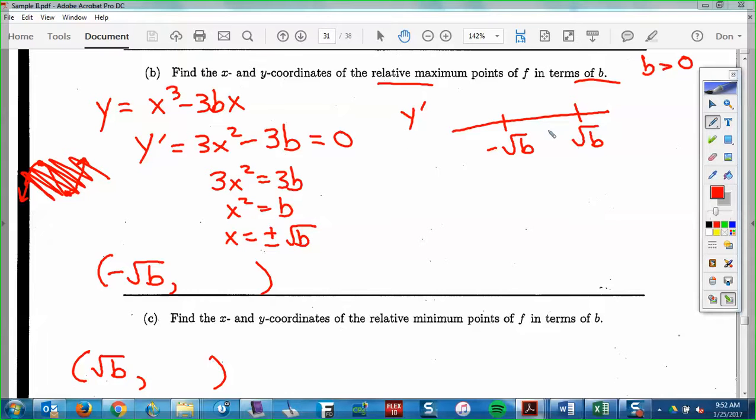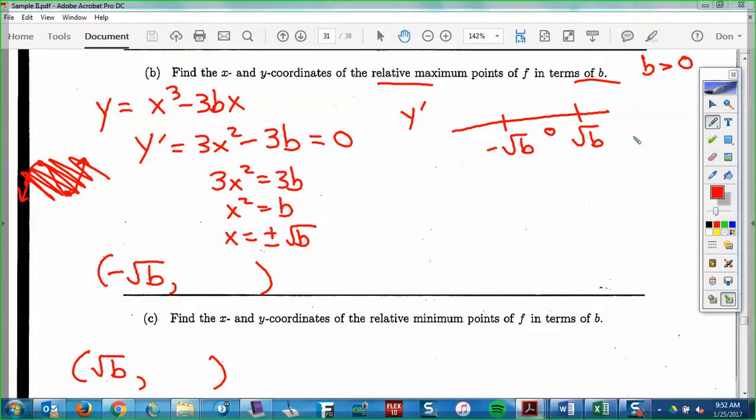What's a number in between? 0 would be easy. What about a number that's bigger than square root of b? Just b? What if b is 1/4?